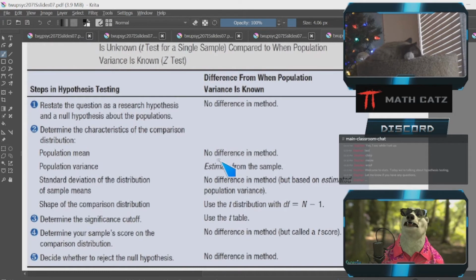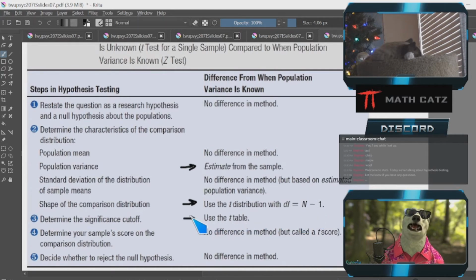Population mean, no difference. Population variance, yes, I do now estimate that from the sample. Difference over there. Standard deviation, no difference. Take it from my estimated variance. Shape of the comparison distribution, yeah, different. It's now called the t-distribution. Degrees of freedom, sample size minus 1.